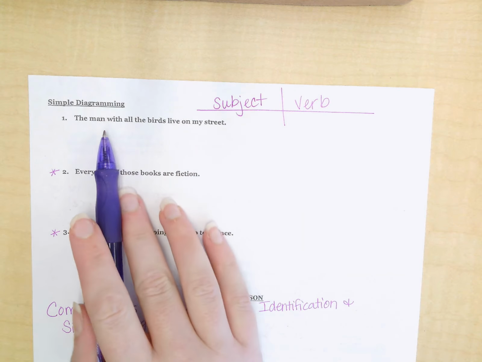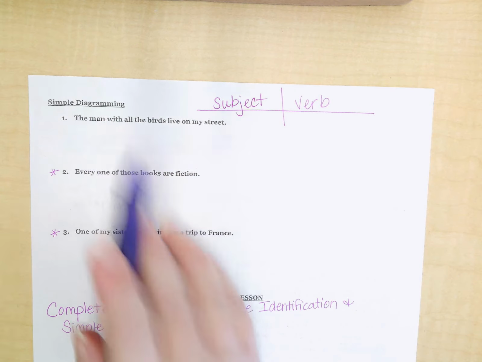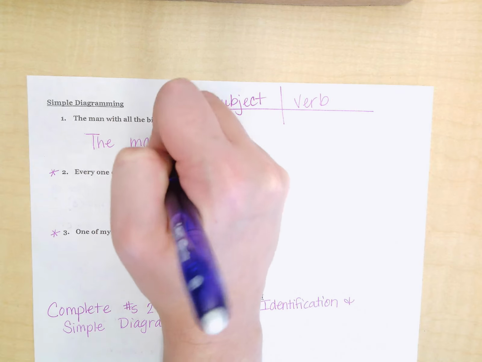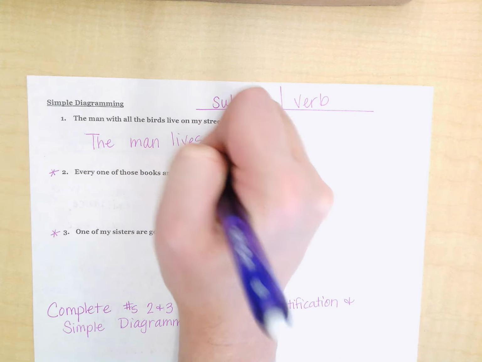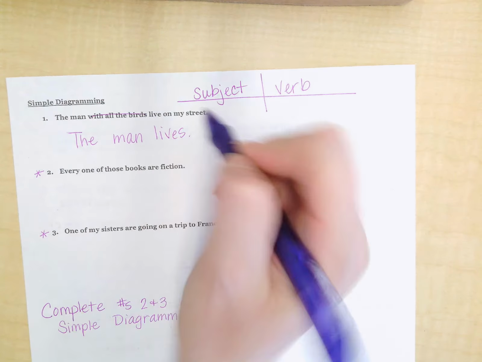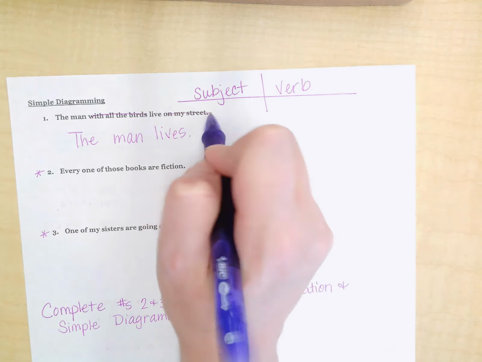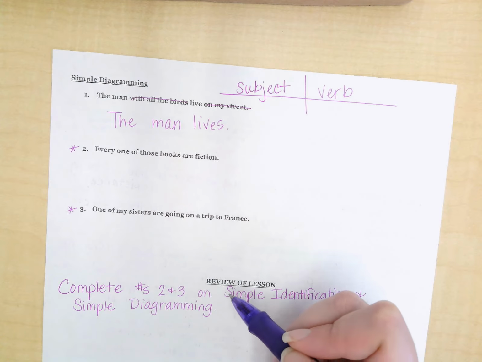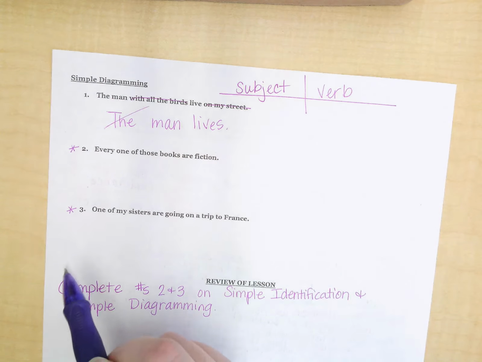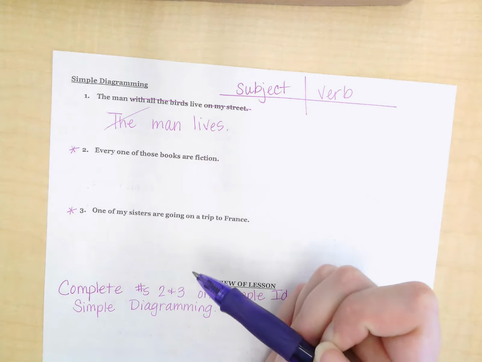So we know, based on the front, that we were left with the man lives from the front. That's what we were left with once we crossed out our prepositional phrases and we fixed our agreement issues. So the is an adjective. I'm going to ignore that. So I'm just going to diagram man lives.